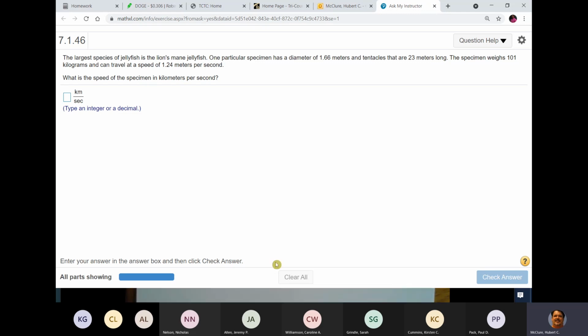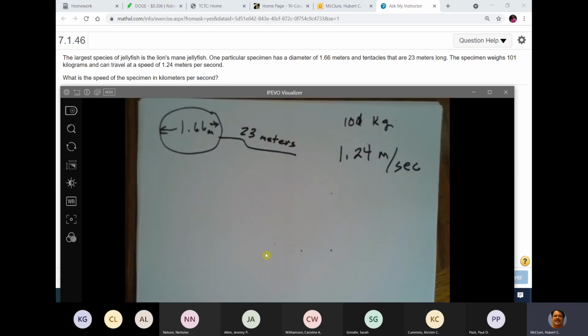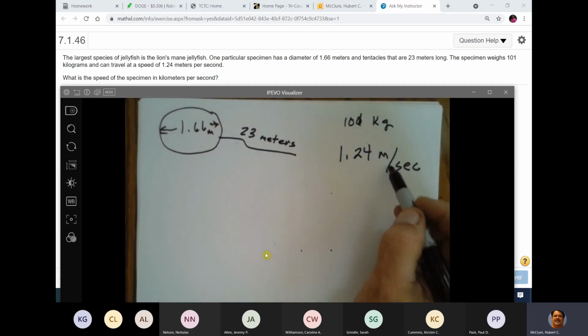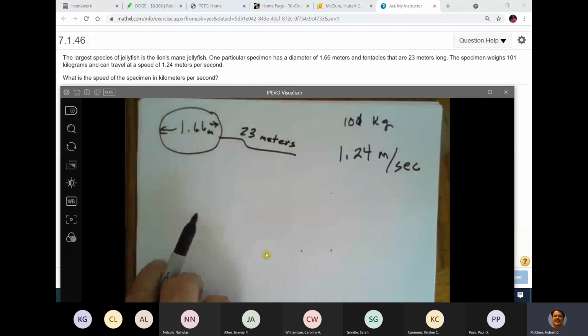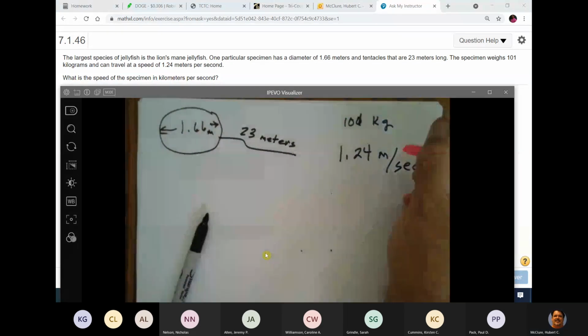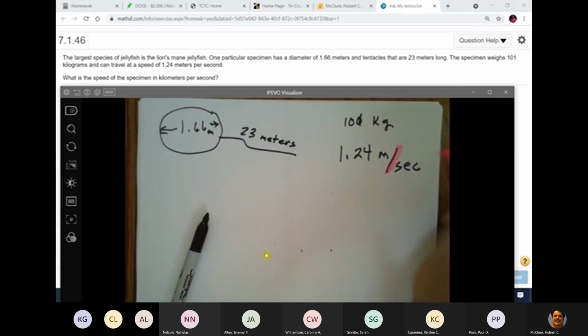Well, this is a unit conversion. Okay, because you got this per right here. So you need to highlight that because that means something. That means per. Not purr like a cat, but per like P-E-R.